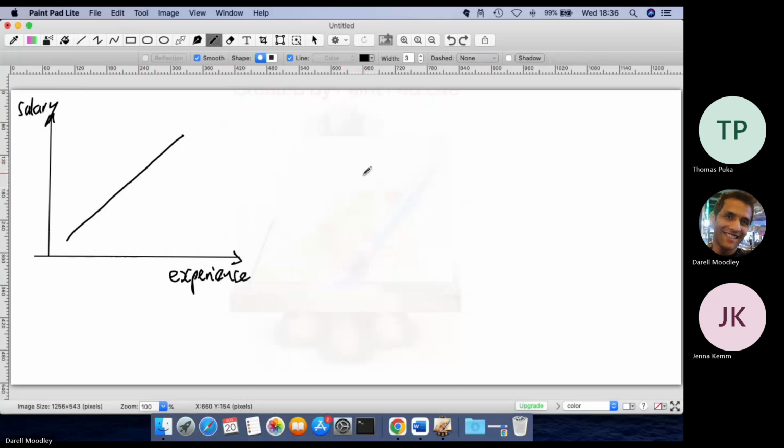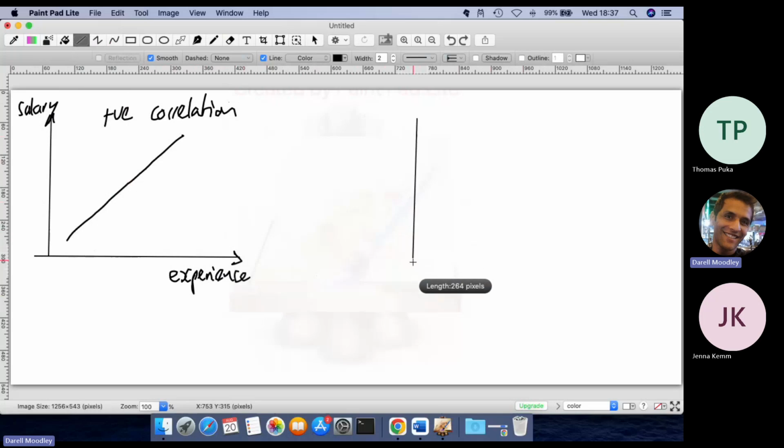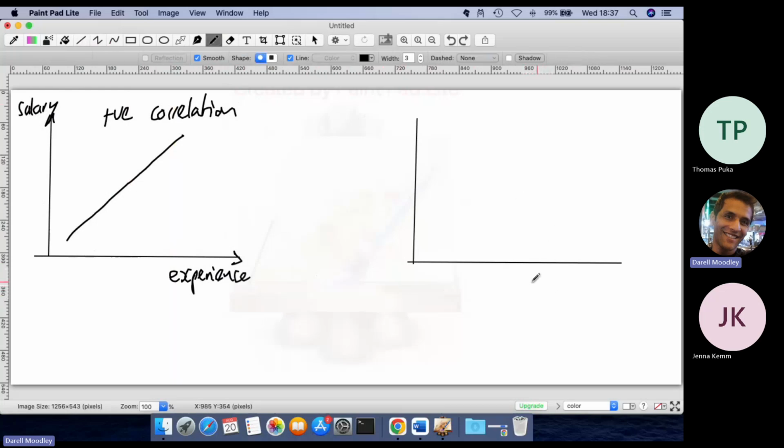Okay. Now you can have things that are negatively correlated. So here it's more positive correlation. Right? Then you get negative correlation. Let's look at an example where it could be negatively correlated. Let's look at something like on your x-axis, the hours of exercise.